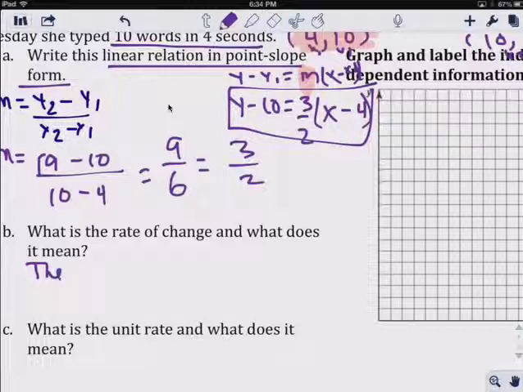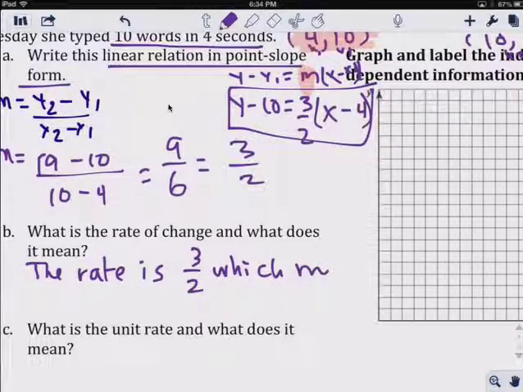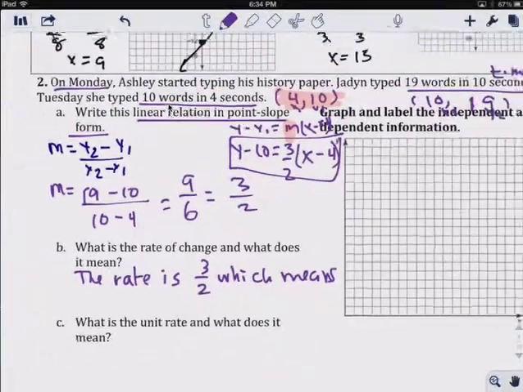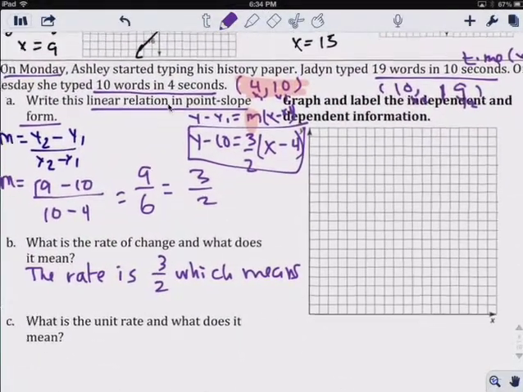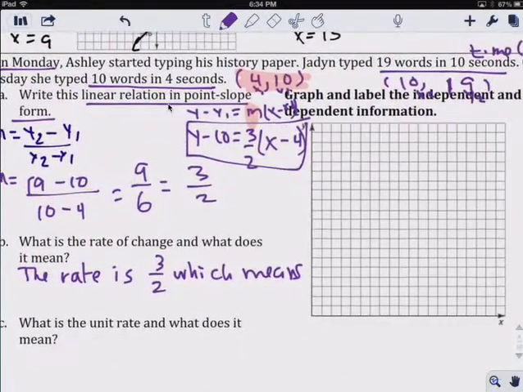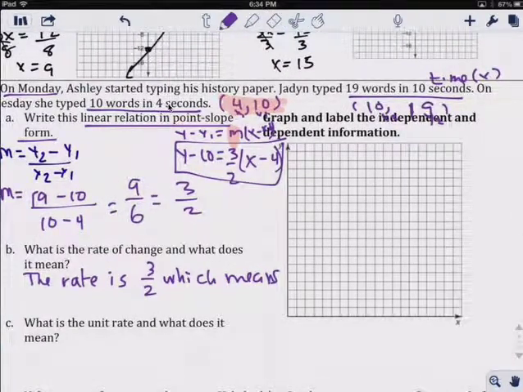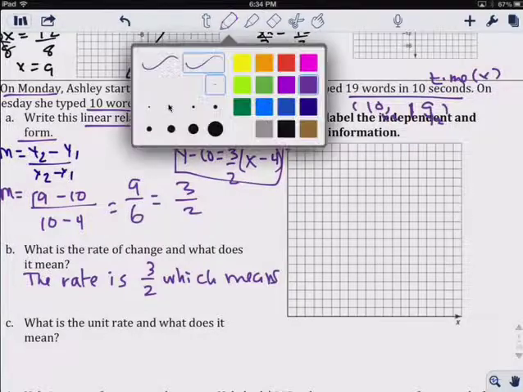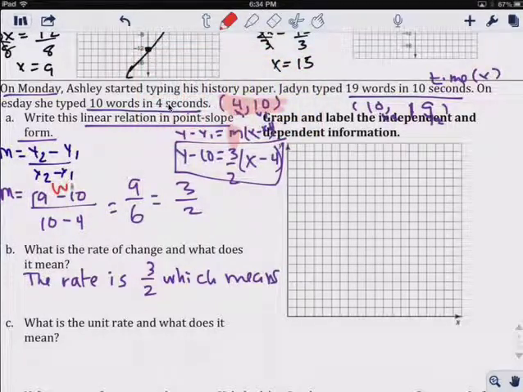The rate of change is 3 over 2, which means 3 words, because these are words and this is seconds. So 3 words for every 2 seconds.